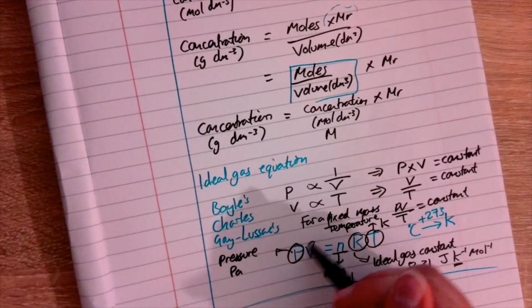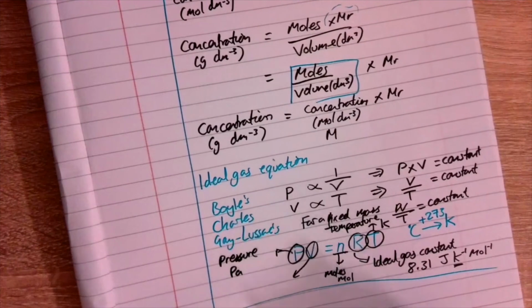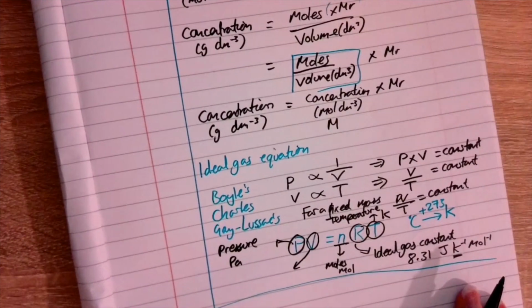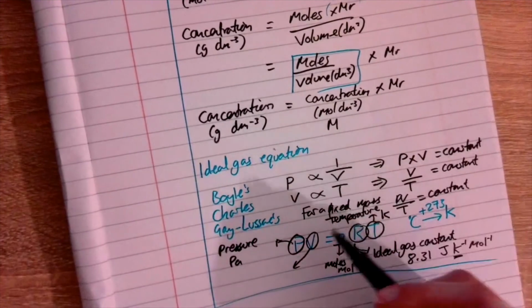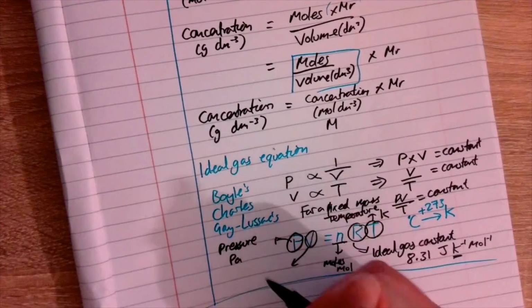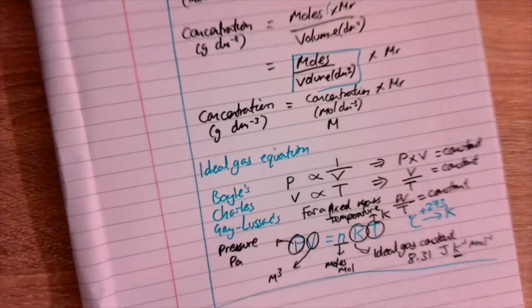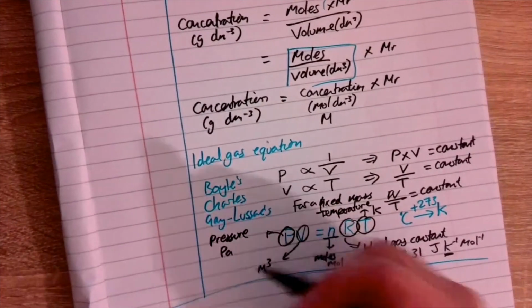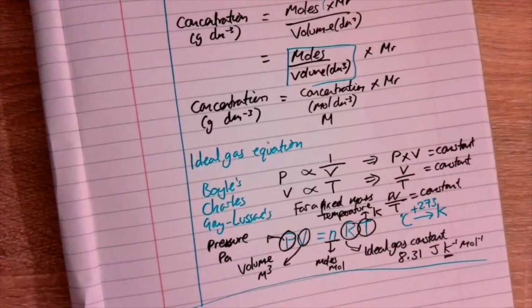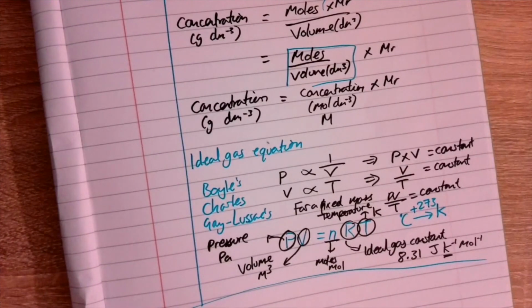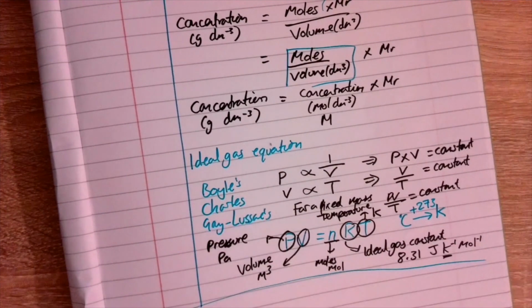Sometimes a question will give it to you in kilopascals, so there you'll have to do a conversion, remembering that kilo means 1,000. And then finally our volume is given to us in metres cubed. So pay particular attention to these units, as in a lot of questions, part of the marks will be for doing those conversions to the units that are required for this equation.